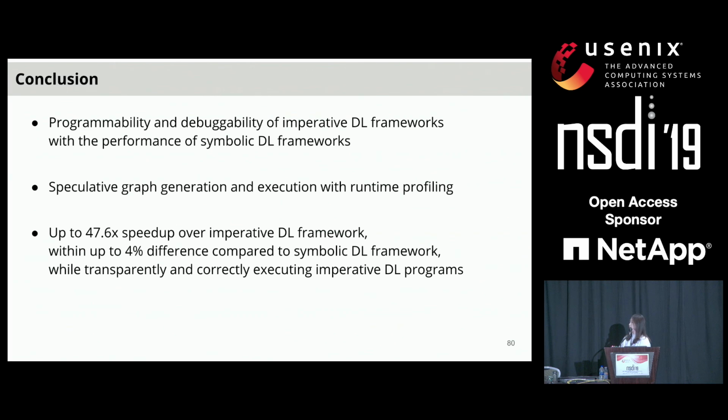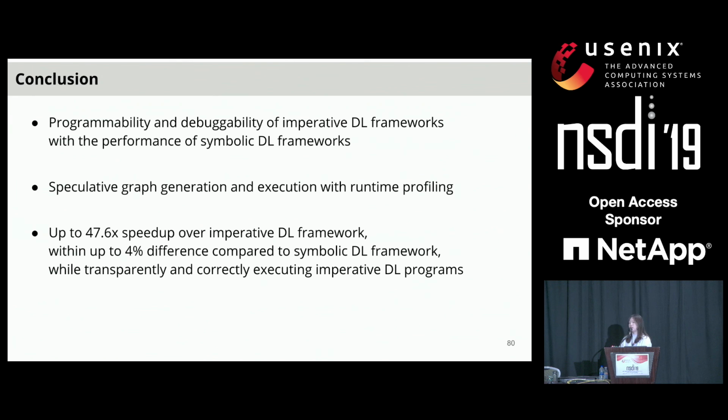Okay, good. Second short question: since you transform the program, going back to your original motivation that it's easier to debug with the imperative program, is that statement still true? I just want to hear your opinion. In terms of debuggability, we first profile the program execution a few times, and while profiling, the program is executed in an imperative manner, so the developer can still debug the program.